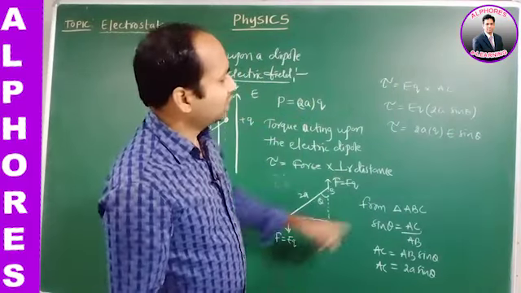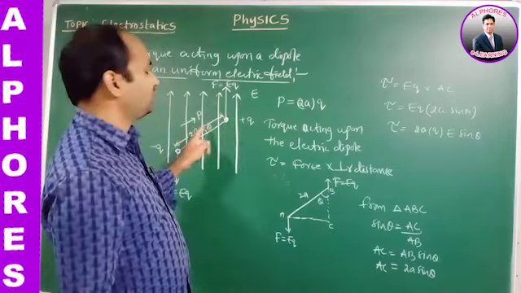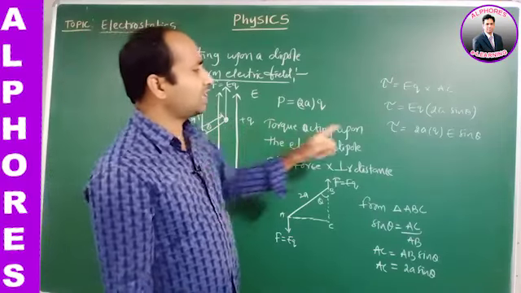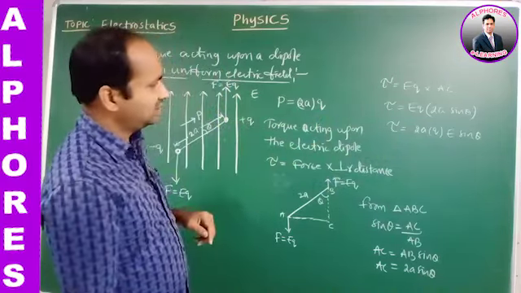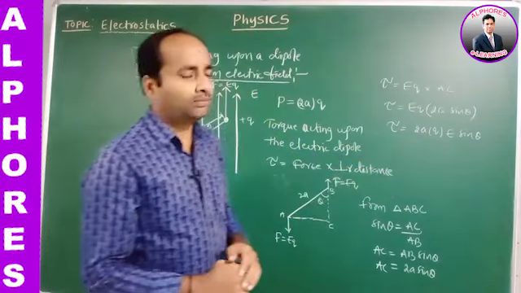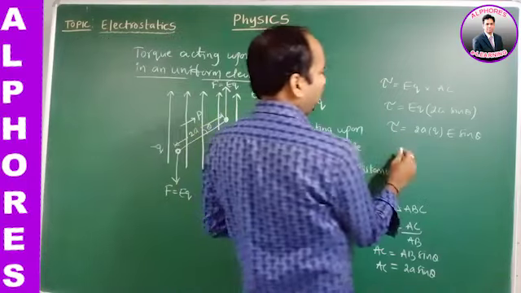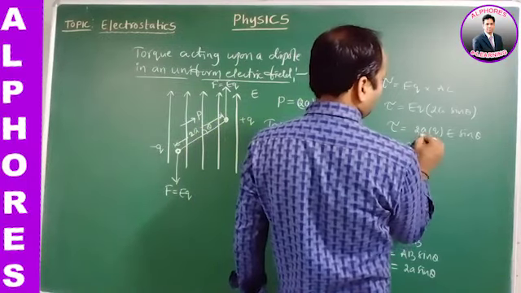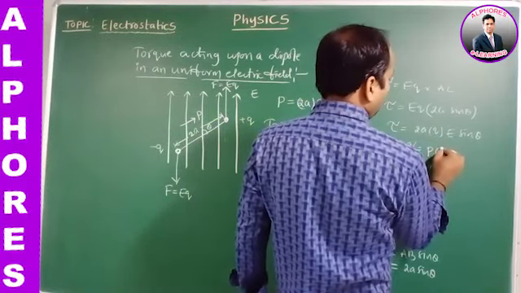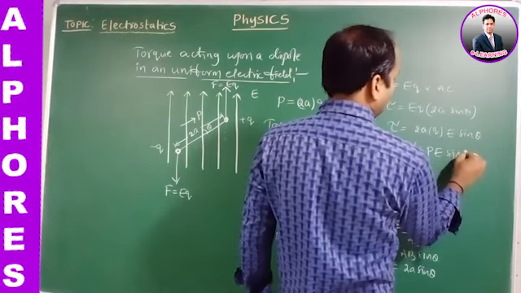Okay, 2A is the distance between the two charges, q is the magnitude of either of the charges, and E is the uniform electric field. Theta is the angle between P and E. So we may write torque tau is equal to, this value is P, PE sin theta.